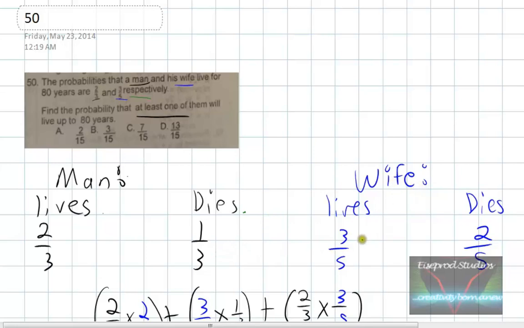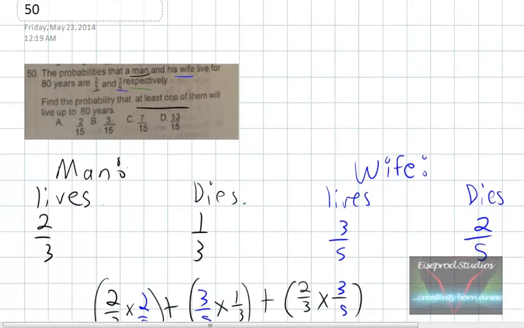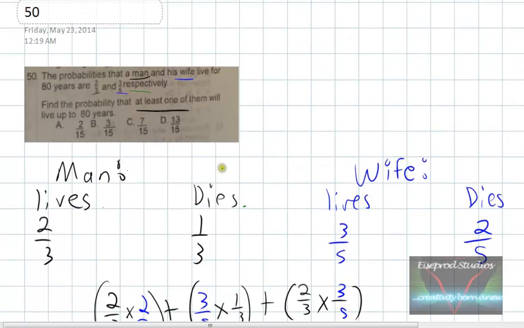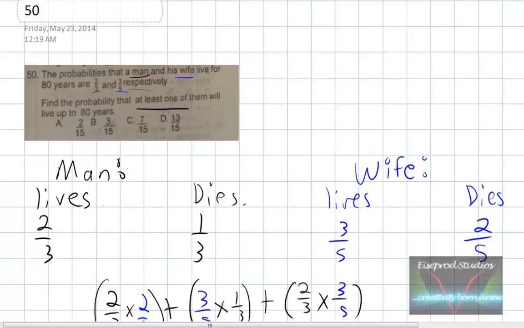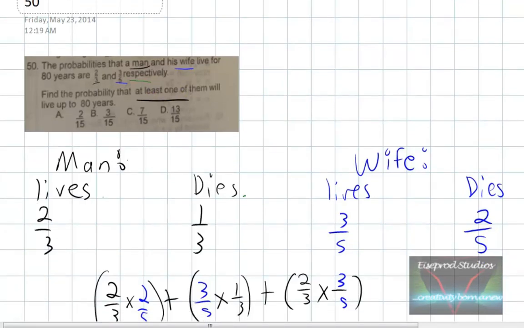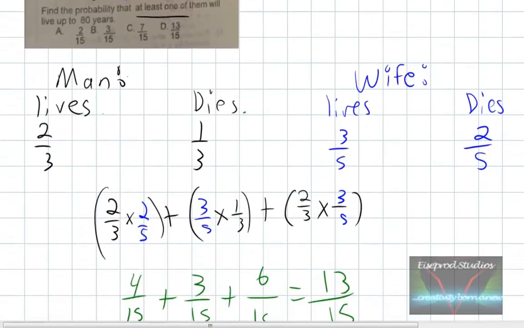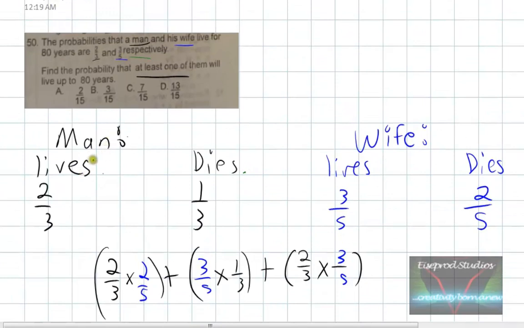And I did the same thing for his wife. One of them is 3/5 and the other one is 2/5. So we need to account for all of the possibilities that could happen if at least one of them lives. That includes the man living, the wife living, or both of them living. So for the first one, I did what would happen if the man lived to be 80 years, but the woman did not. So 2/3 for the man living and 2/5 for the woman not making it to the 80 years.